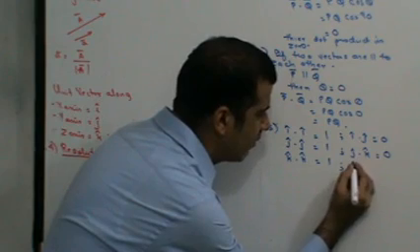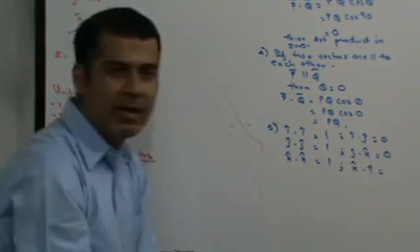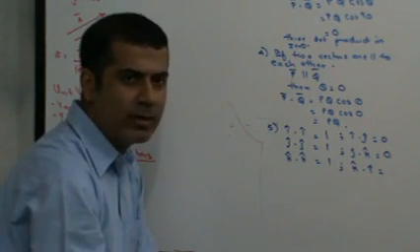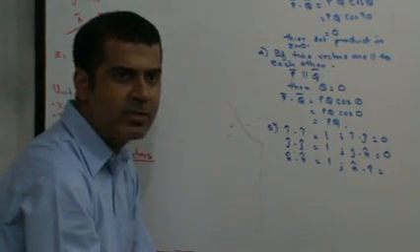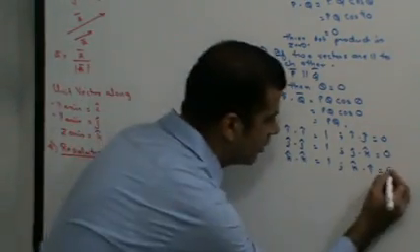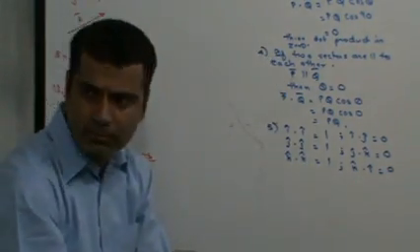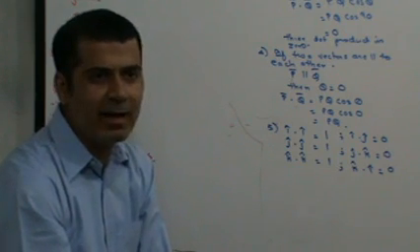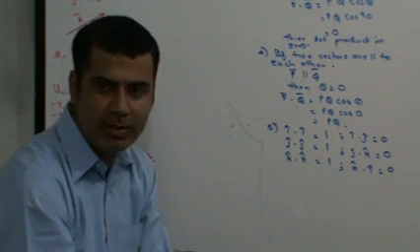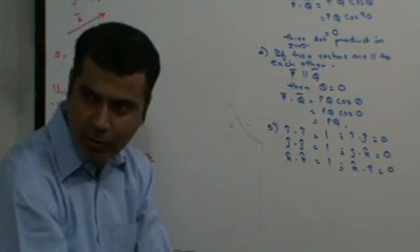Similarly, what will be K vector dot I vector? Again, K vector is the unit vector along the z-axis, I vector is the unit vector along the x-axis. The two vectors are perpendicular to each other, so that will be 0. Hence, I can say that I vector dot J vector is equal to J vector dot K vector is equal to K vector dot I vector is equal to 0.